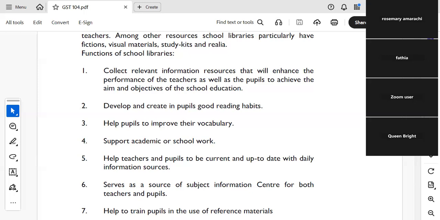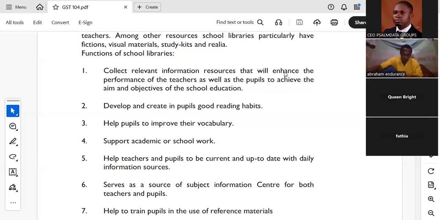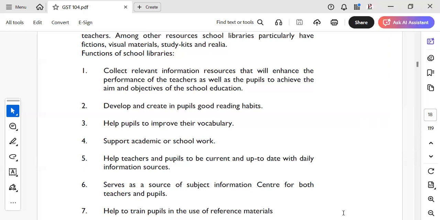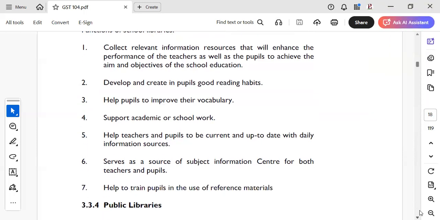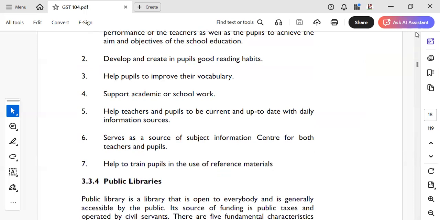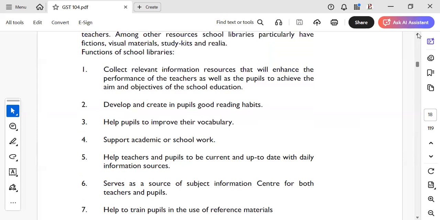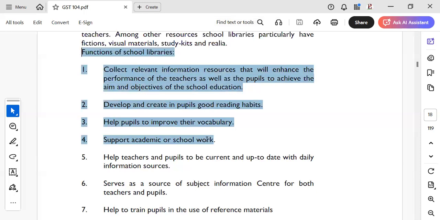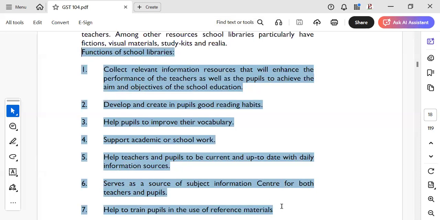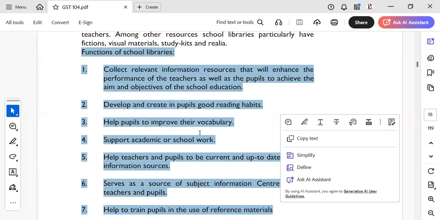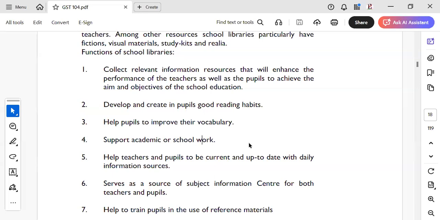Yes, I'm available. All right, so please take it and explain to us. We have just, I think, 7 of them. Okay. So here they are. Okay, is it the functions? The functions, yes. These are the functions of school libraries. So you read and give us just more explanations on them.